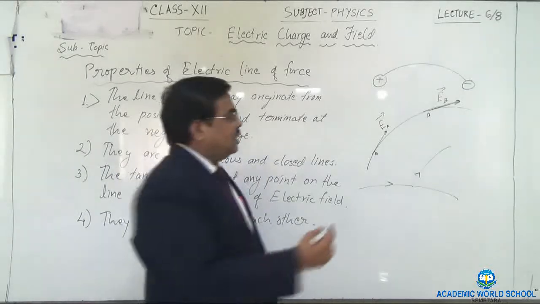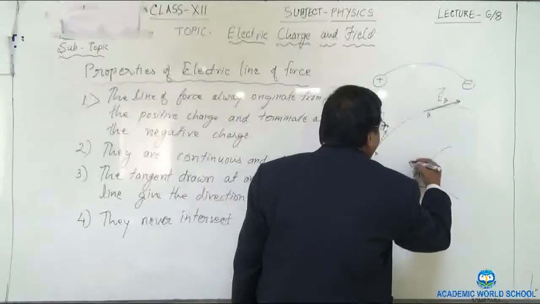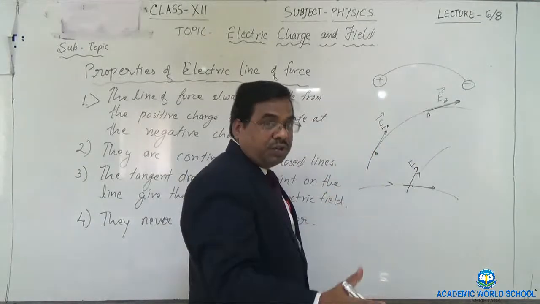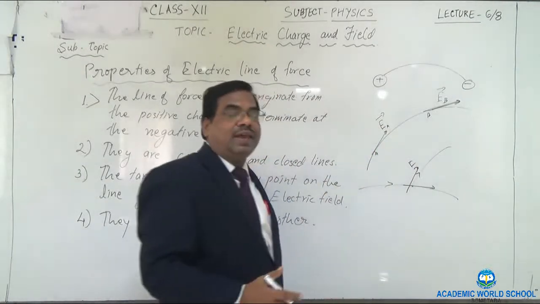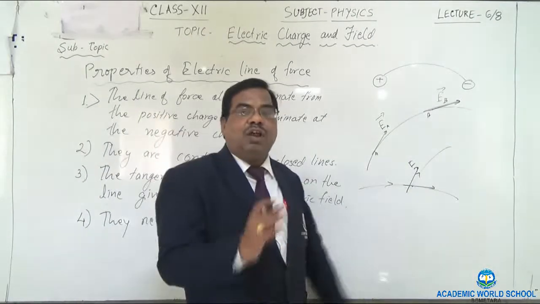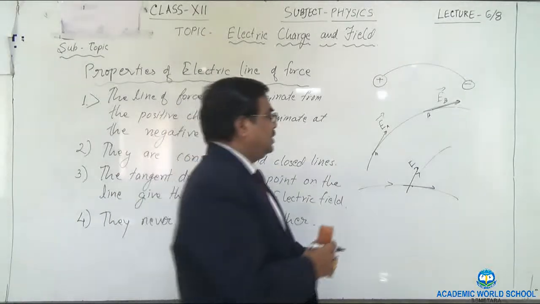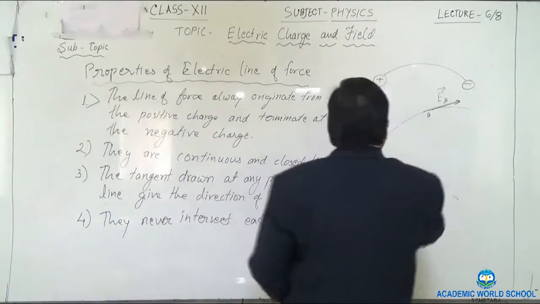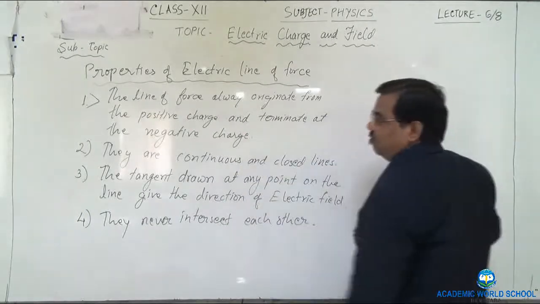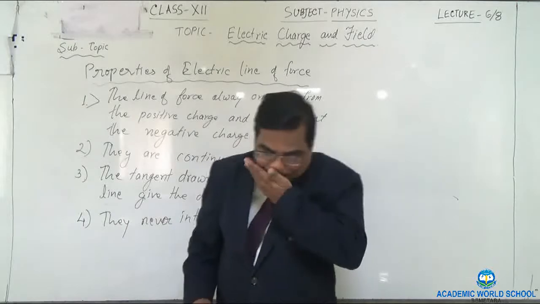That means here there will be two directions of electric field, which is against the theory. At a point there can be only one direction of electric field. So it is not possible for two electric field lines to intersect. So these are the properties of electric line of forces.